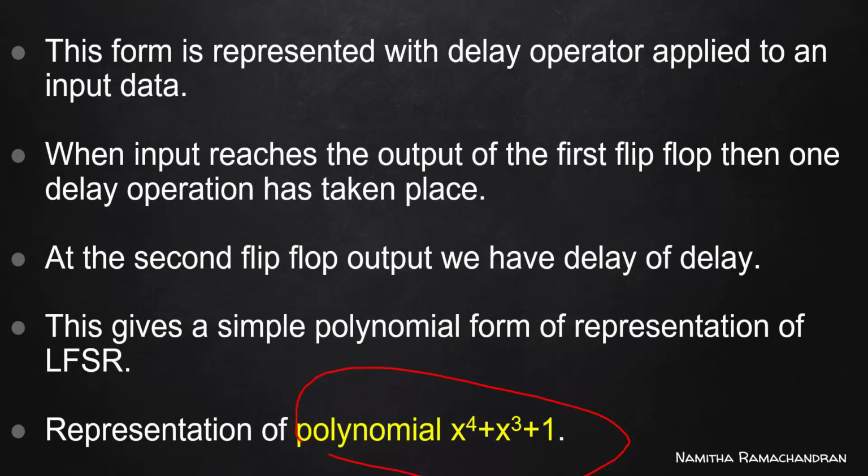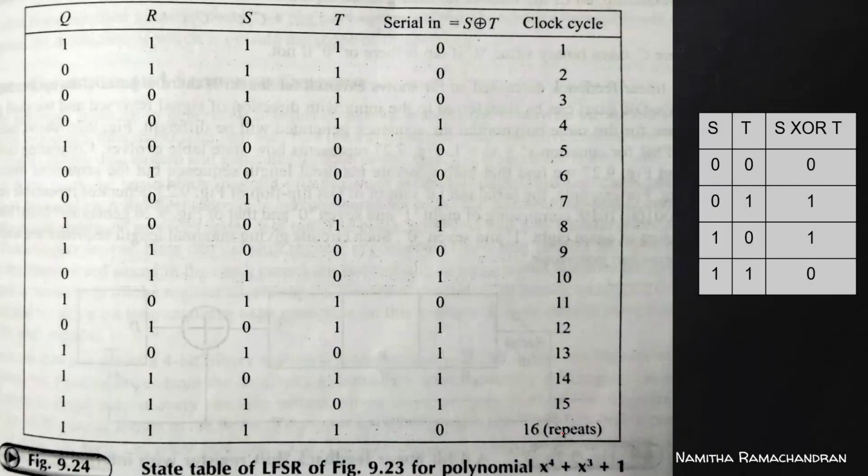So that is why this particular representation is x to the power 4 plus x to the power 3 plus 1. Okay, so these are the different patterns generated by our x to the power 4 plus x to the power 3 plus 1 LFSR, linear feedback shift register.